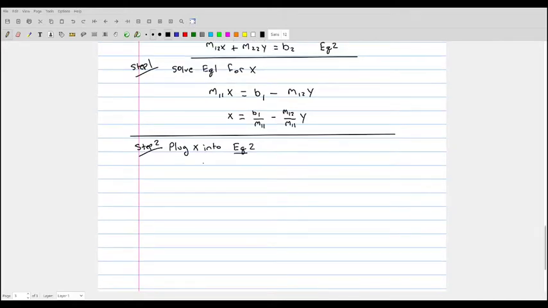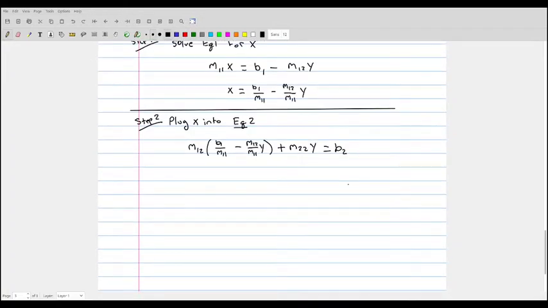So remember that equation 2 is m12 times x, which we solved for. It's b1 over m11 minus m12 over m11 times y plus m22 times y is equal to b2. That's equation 2 when we've substituted back in what we solved for x in equation 1.